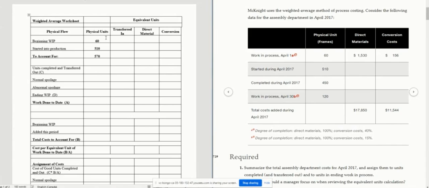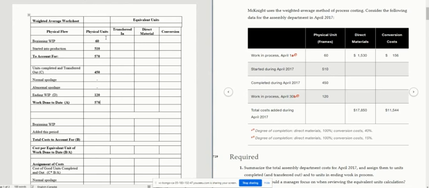The weighted average approach doesn't separate the beginning work in process in terms of where they went. We need that for FIFO, but we do know that we completed 450. We'll talk about spoilage next week, so we'll just leave that blank. But we do know that ending work in process was 120, and sure enough, 450 plus 120 adds up to 570. So that's pretty good.